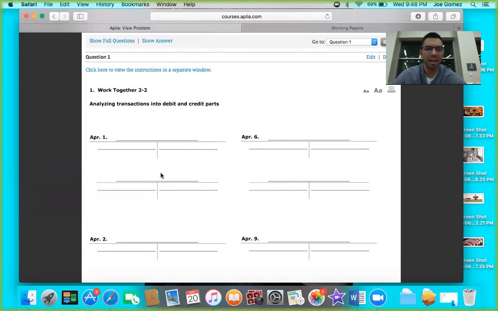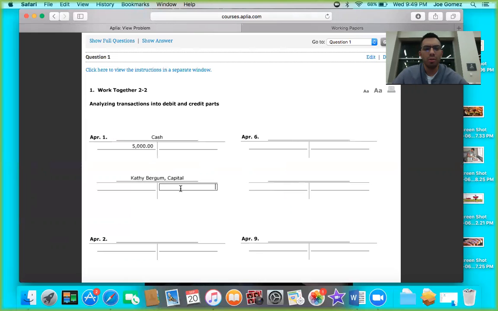Again, in realistic accounting, it really doesn't matter which one you list first, but Applia is going to grade it based upon you listing the debit account first. So, received cash from owner as an investment, $5,000. The two accounts affected are cash, and the second one is Kathy Burgum Capital. I put cash first because cash is going to be debited for $5,000 because it is being increased, and an increase to an asset is on the debit side.